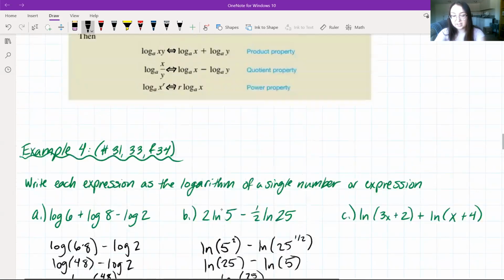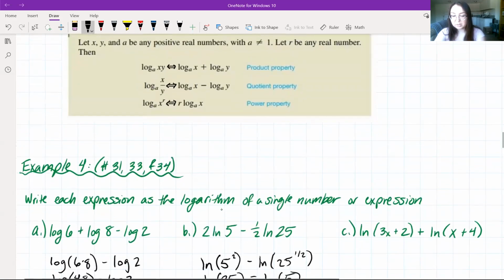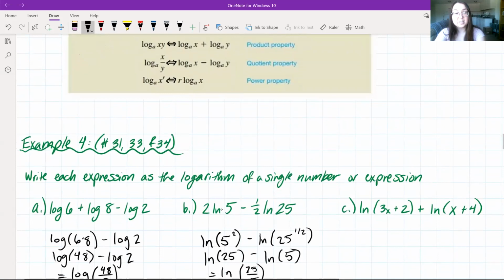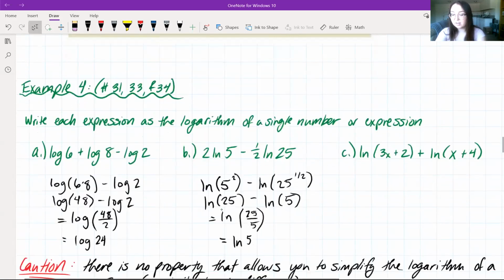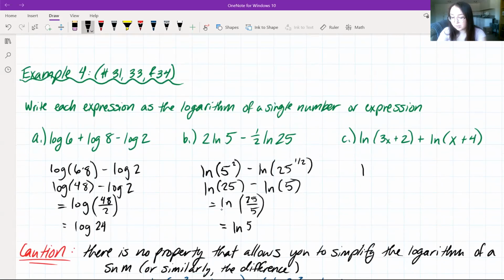And so we can say, okay, well, let's use the product property since we're adding these terms together. So this is going to turn into the natural log of 3x plus 2 times x plus 4. And you can feel free to leave it in this form unless maybe a question specifically asks you to simplify.